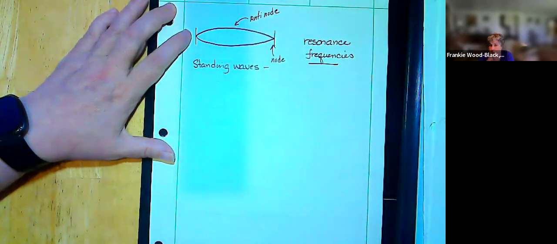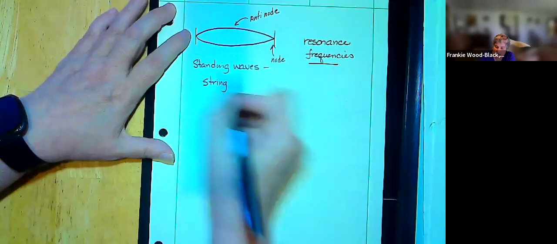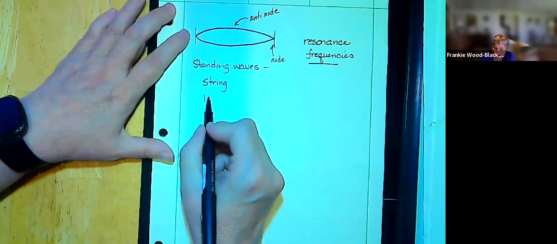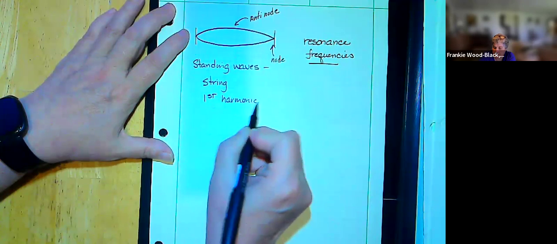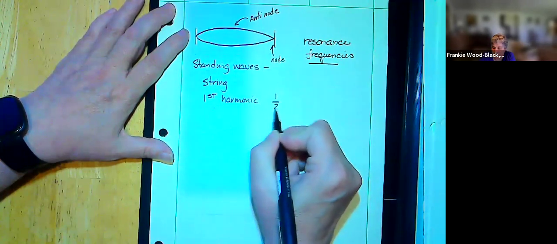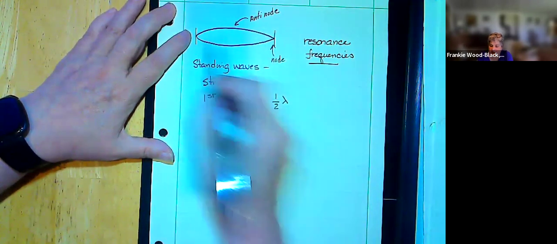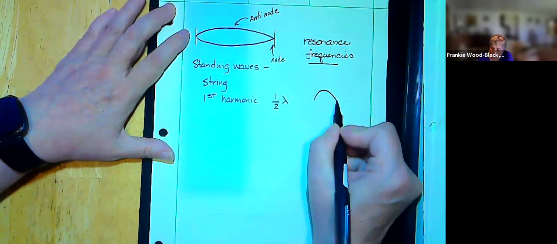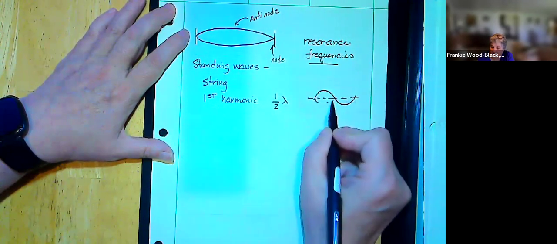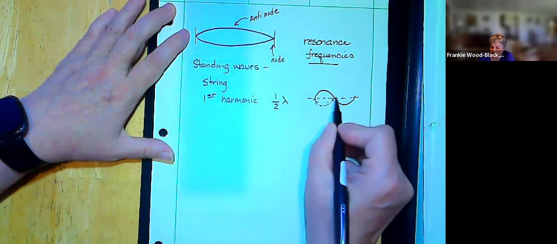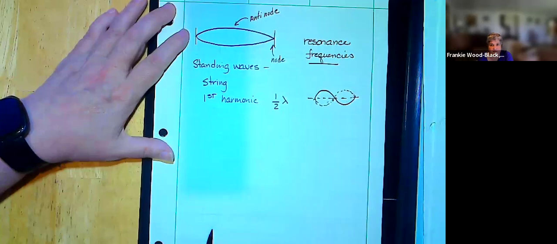But for waves in a string, my first harmonic is only half a wavelength, because remember, I have to have a complete wave, but this is only half a wave. What you're seeing here is this part of the wave that's being set up, and that would be a full wavelength.